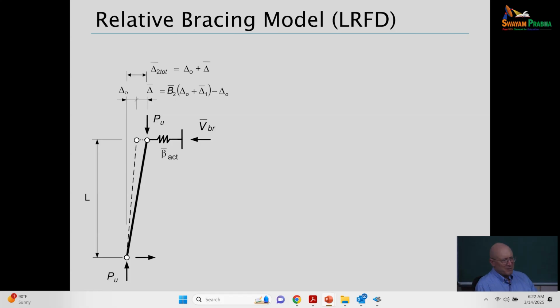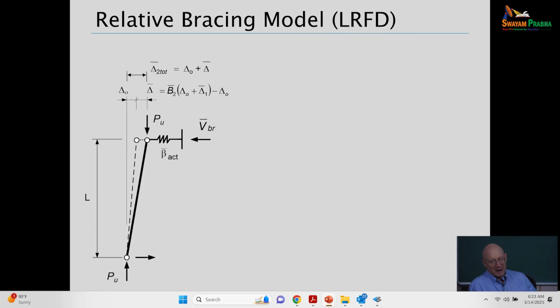In order to evaluate brace force, I've got to say, well, I've got some imperfect geometry of the system creating an out of alignment that's tending to give me a brace point displacement. The out of alignment is a capital delta naught at the top relative to the bottom.